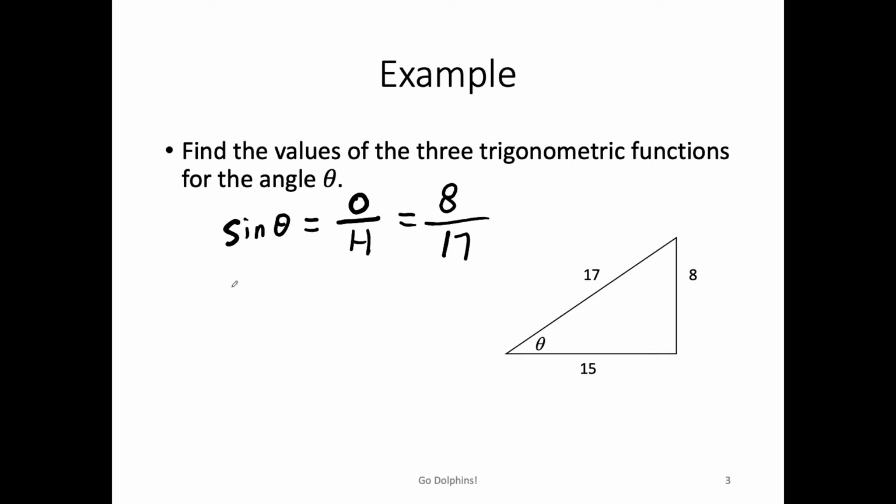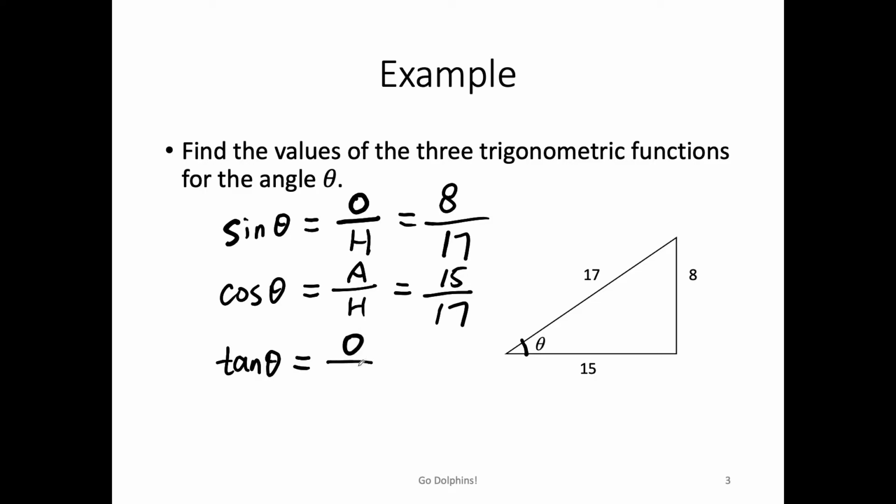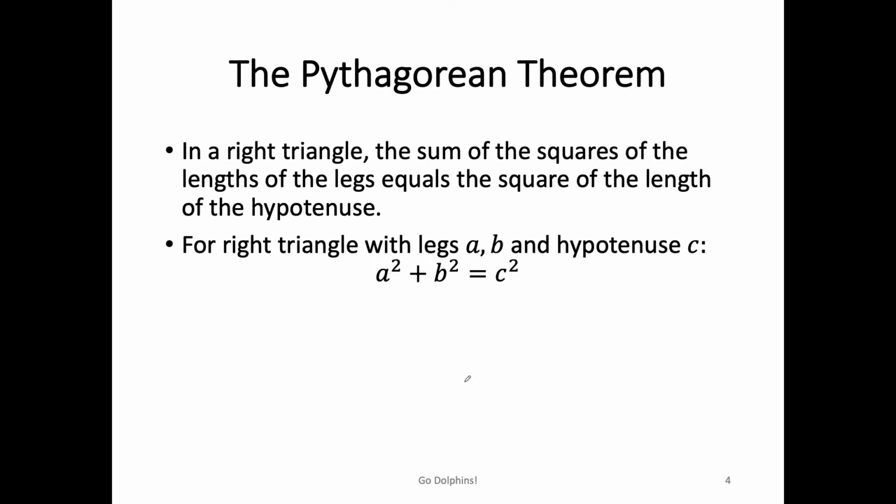Next, what is cosine of this angle theta? It will be adjacent side over hypotenuse, 15 over 17. Then we want to find tangent theta, which is opposite side over adjacent side, 8 over 15. Pretty straightforward, right?